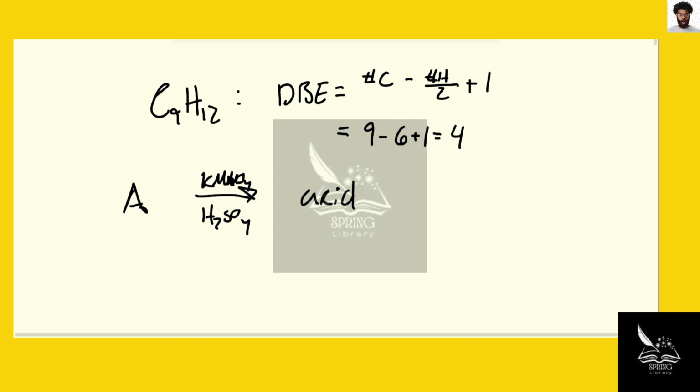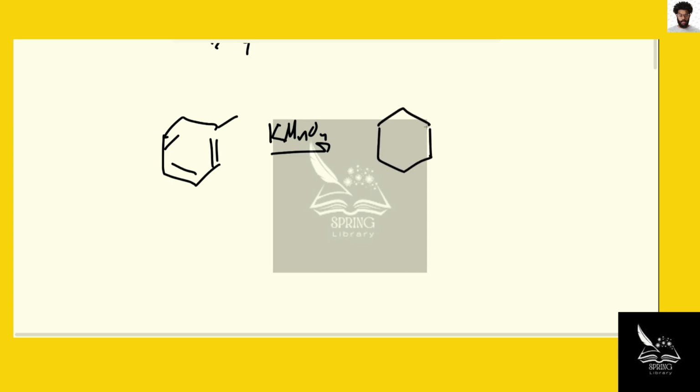Well, it turns out that if you take alkyl benzenes, so here's an example of one, and react them, I'm going to stop writing H2SO4 just for time purposes, but I'm just going to say potassium permanganate, you get out a carboxylic acid, or in this case, benzoic acid.